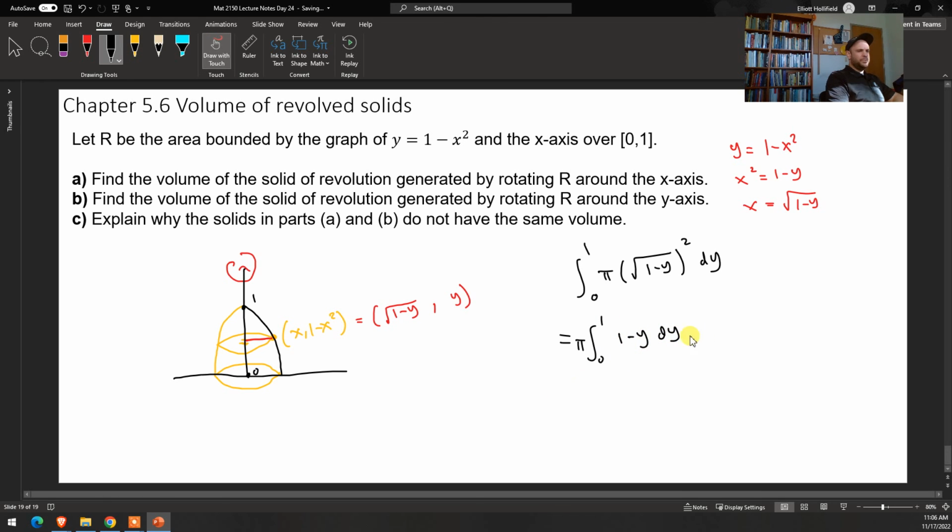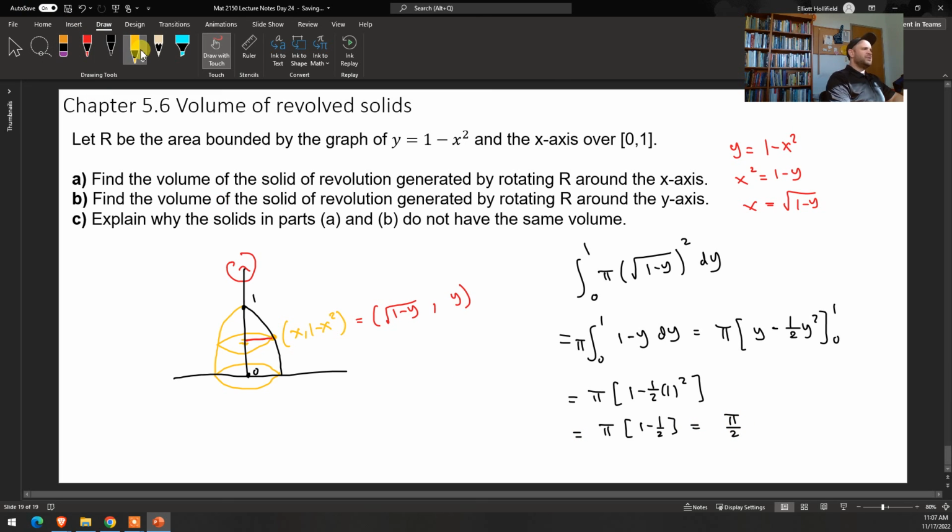Now we can compute the antiderivative. We get y minus 1/2 y squared, evaluated from 0 to 1. Plug in 1. Subtract when we plug in 0, we get 0. So we get pi times 1 minus 1/2, or we get pi over 2.